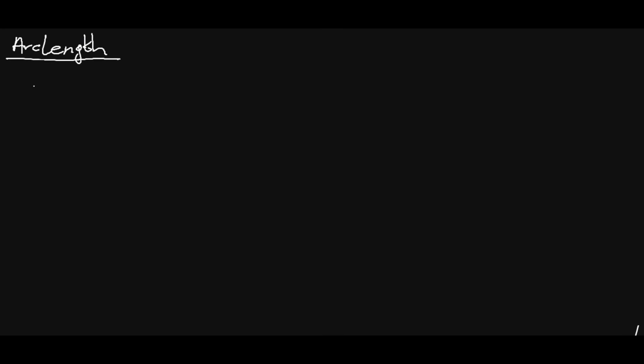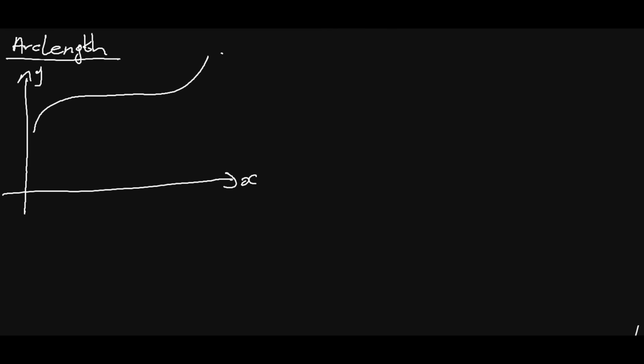Okay, so let us say we have a curve like this. I'm bringing back that curve that we had here. So we said we are from A up to B, and we want to find this length of the curve here.